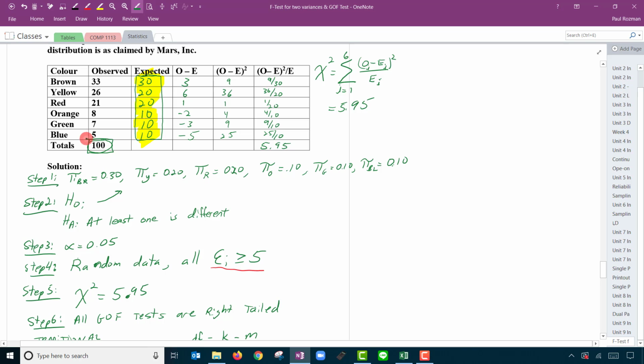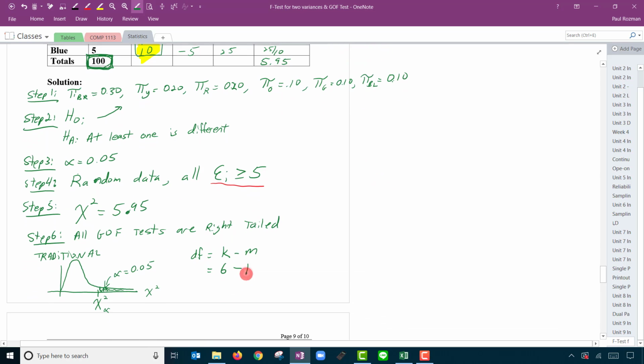We needed to know this sample size. So there were 100 values. We took each of these percents times 100. So there was one thing that we needed to know from the data in order to calculate the expected frequencies. So that's what this m is. Sometimes the value will be 2 or 3. We'll do an example where you'll see when that pops up.